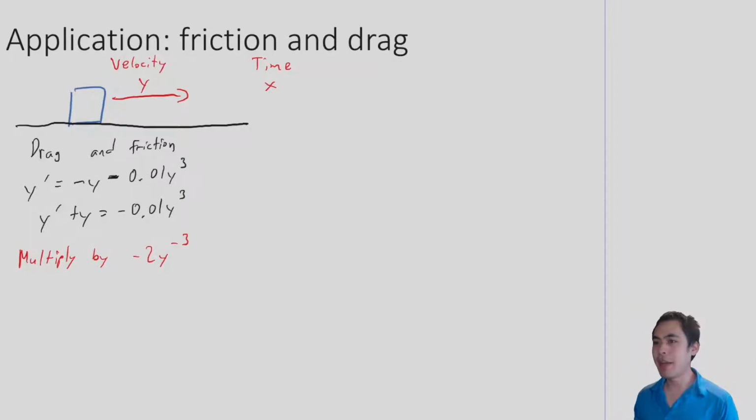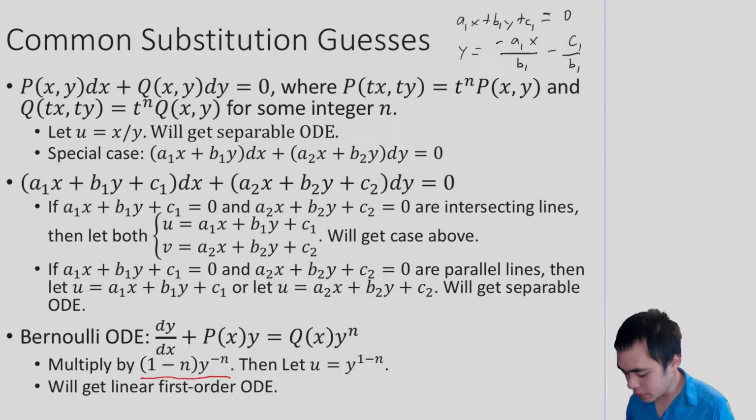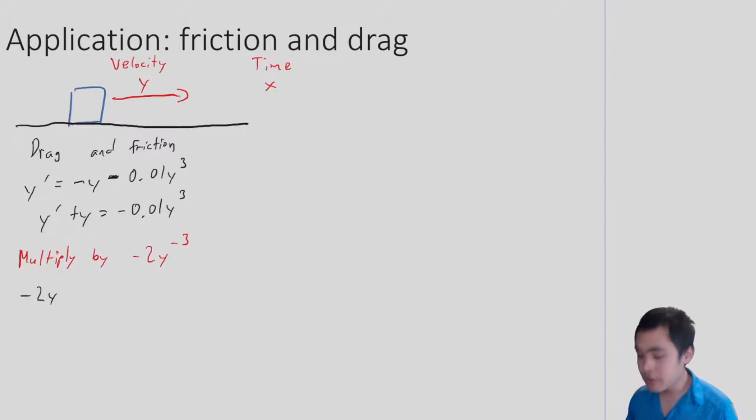But let's stay in math land. So we multiply by this value, so you end up with minus 2y cubed. Wait, what did I do wrong here? I think I did something wrong. Multiply by y to the minus n. So we have minus 2 to the minus 3.